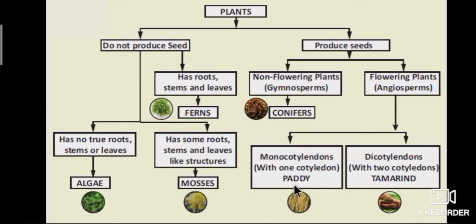Based on their fruit body, flowering plants are classified into two types, that is gymnosperms and angiosperms.